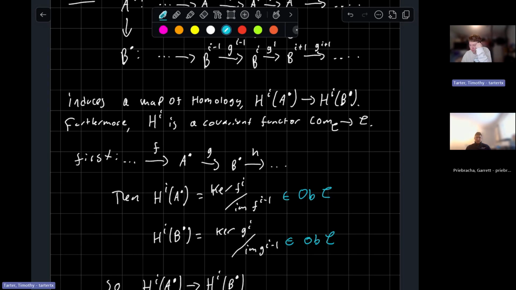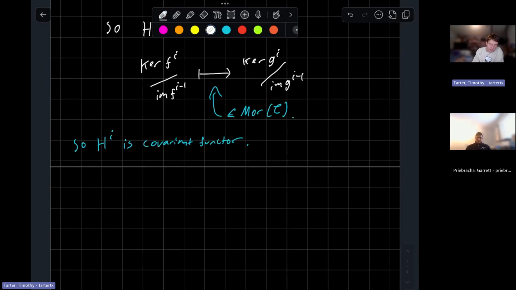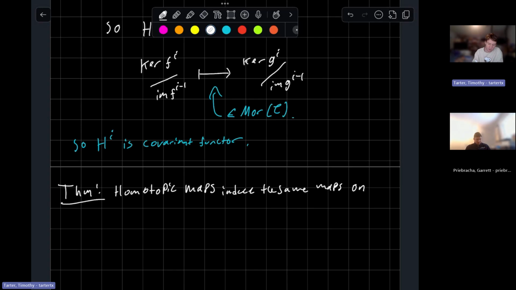Okay, that's interesting. So, as a theorem, but not an exercise, homotopic maps, which I'll define in a second, induce the same maps on homology.